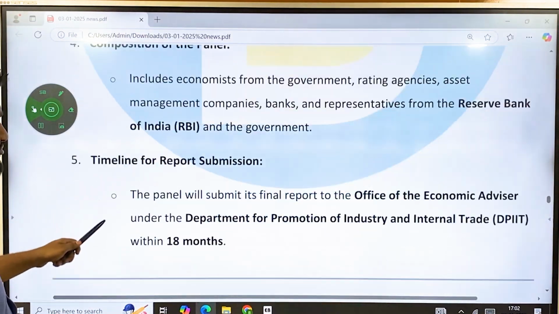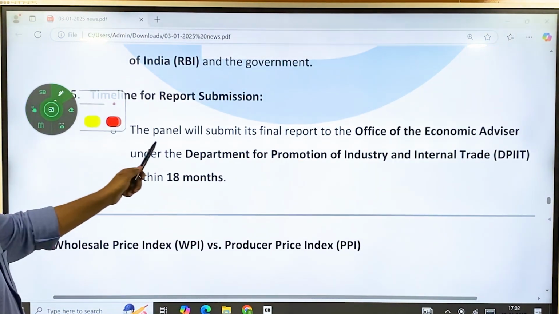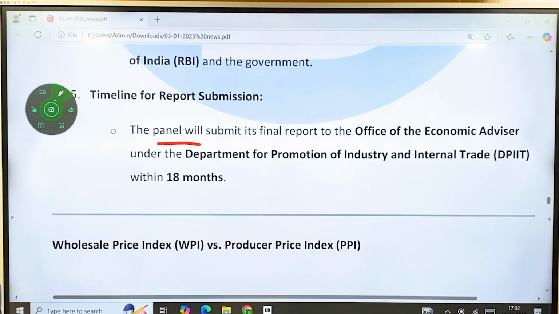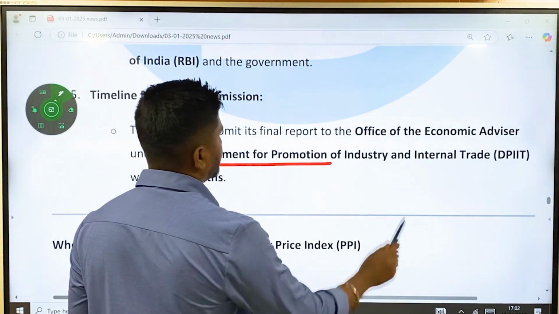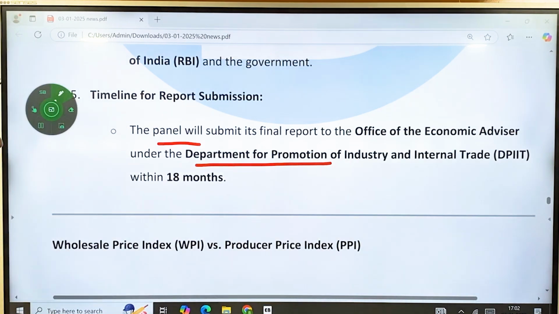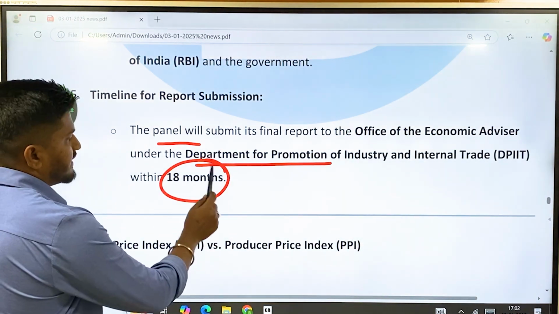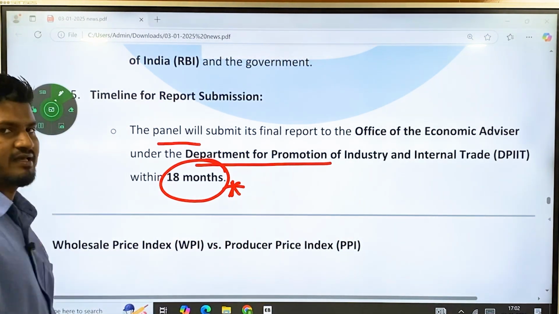Next, the timeline for report submission. The panel will submit its final report to the Office of the Economic Adviser under the DPIIT, that is the Department for Promotion of Industry and Internal Trade, within 18 months. So 18 months is the deadline for the Ramesh Chand panel.